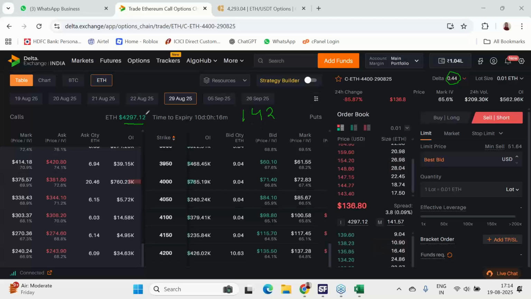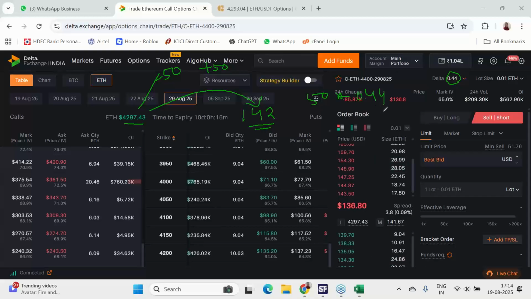So if I buy here, say I am buying here and I am putting 50 rupees below. If Ethereum falls by 50, I'll come out; if Ethereum goes up by 50, I'll book the profit. So what will be the stop loss for this one? 50 multiplied with 0.44.